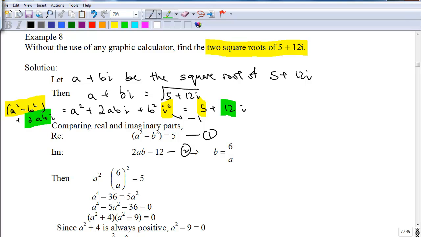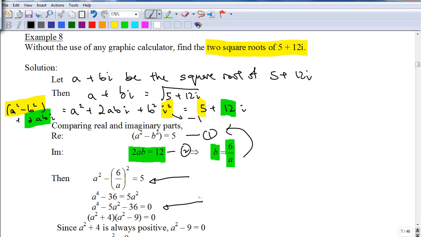Let's run this through. I have 12 equals 2ab, so I can rewrite this by saying that b is the same as 6 over a. I'll substitute the 6 over a back into the first equation. Simplifying by multiplying by a squared throughout, I will get this equation, which I can factorize.